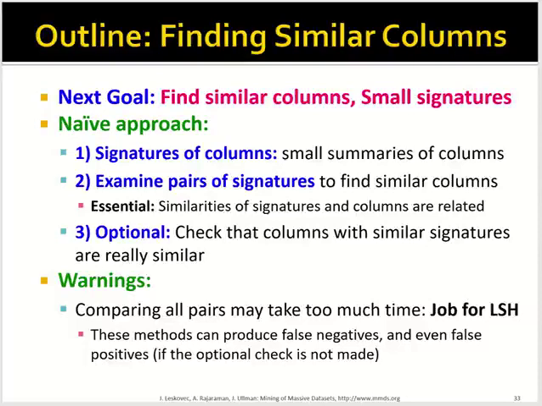The essential part of this is that the similarity of signatures and columns should be related in this matrix. One option we would think about is that we need to check that columns with similar signatures are really similar. This is a very naive and simple thought.